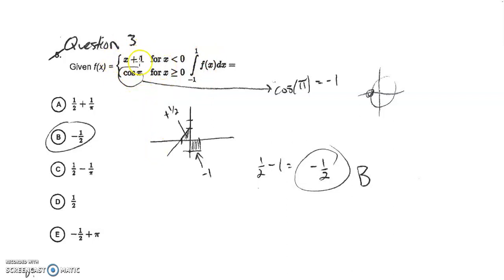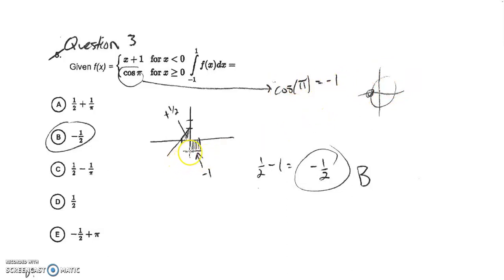I drew x plus 1. That's this guy. It's got a y-intercept of 1 and a slope of 1. It transitions at 0 to cosine of pi. Cosine of pi, well, pi is over here, so it's -1 there. So cosine is -1.